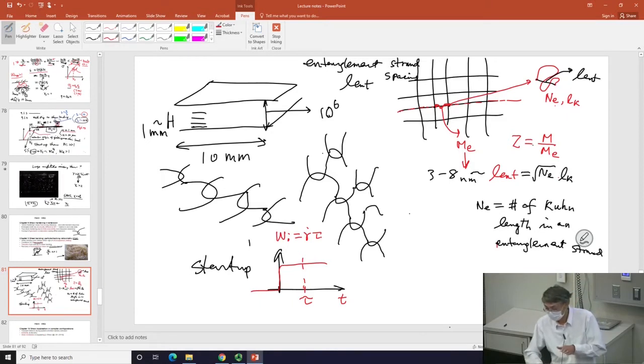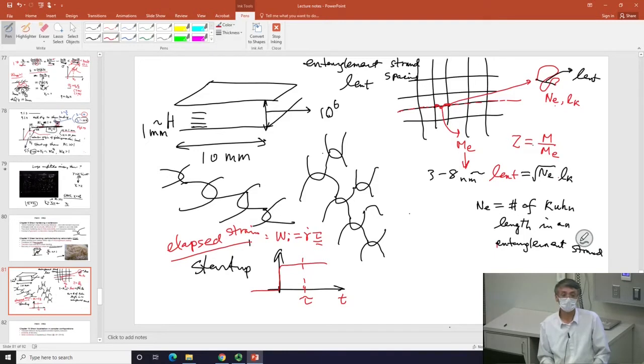Meaning, Wi amount of strand will elapse. So by the time you reach tau, how many strands have occurred? Wi amount of strand has occurred, right?